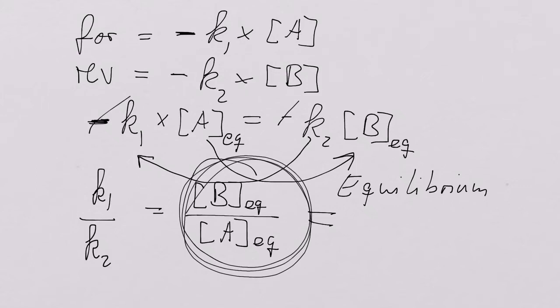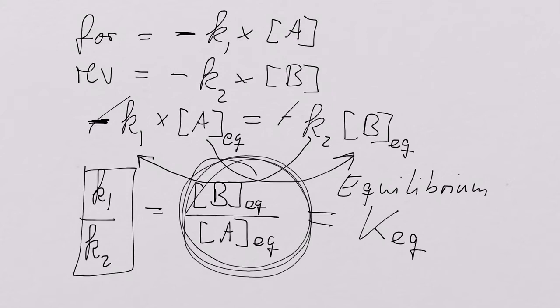What is this number called? It is the equilibrium constant. It is K EQ. And this KEQ is nothing else but the combination of these rate constants. Hey, now it comes together, huh? Quite nicely. The equilibrium constant is nothing else but the rate constants.